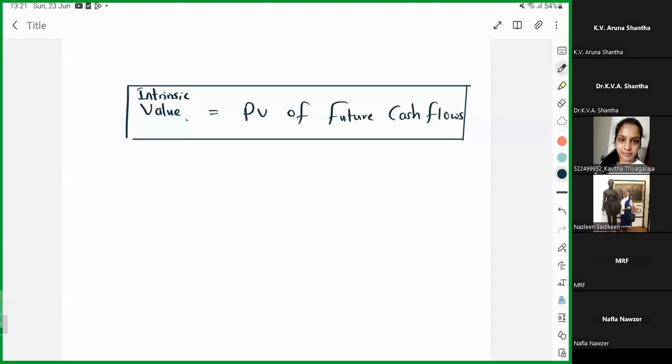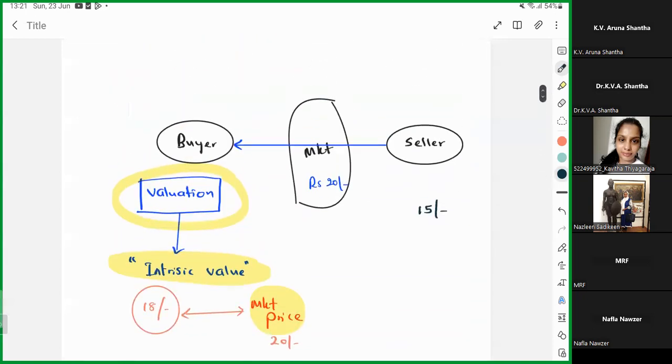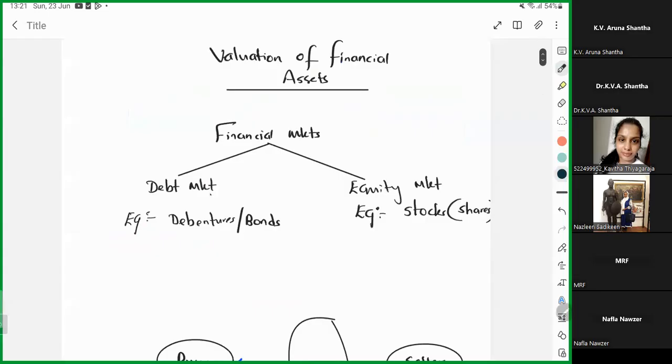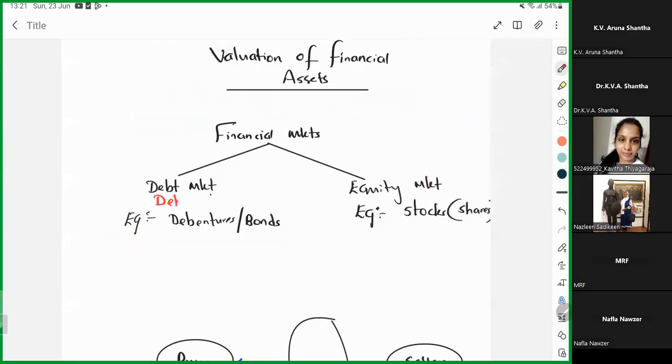Now let's use this basic technique for different financial assets. Financial assets are of two types. In the debt market, you have debt securities. In the equity market, you have equity securities.